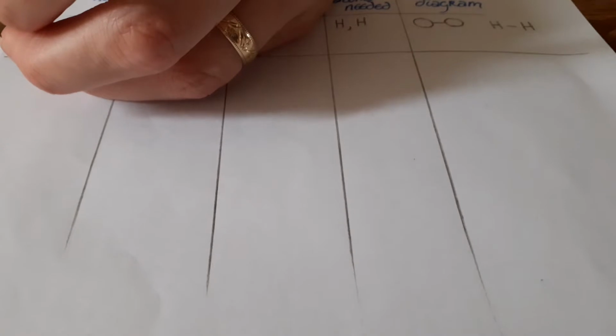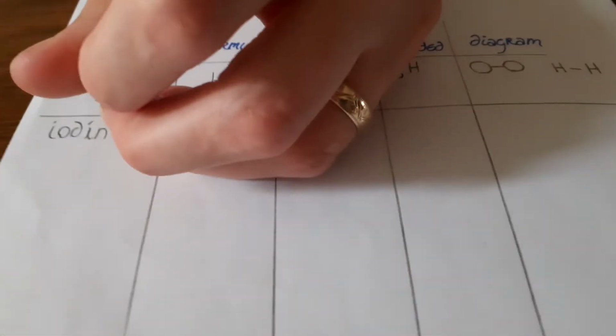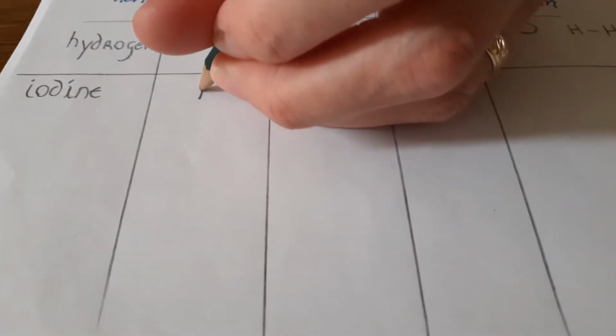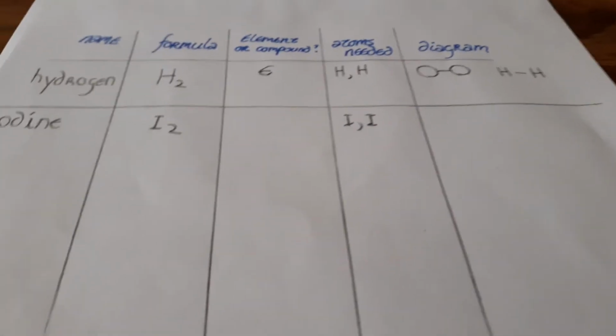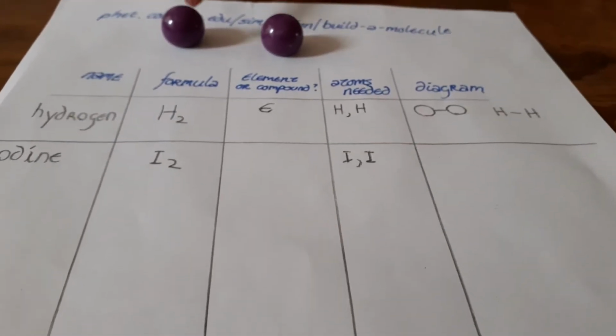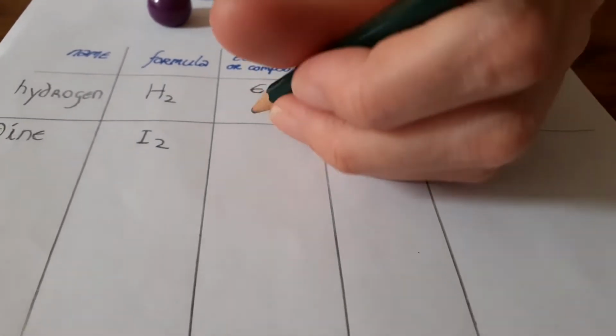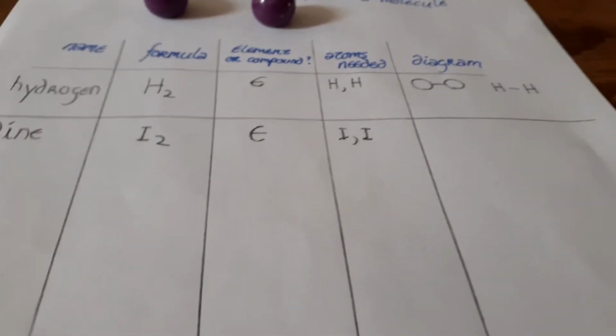Okay, so let's look at something else. Let's look at, say, iodine. Iodine has got the chemical symbol I2, which means there's two I atoms in it, like this. Because all the atoms are the same type, it's also an element.